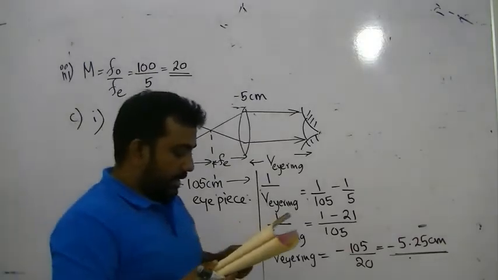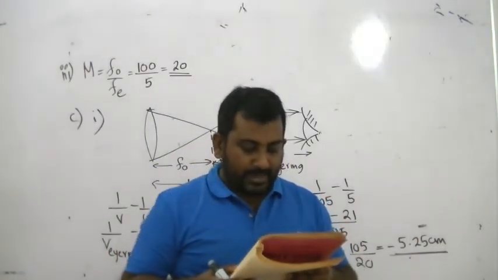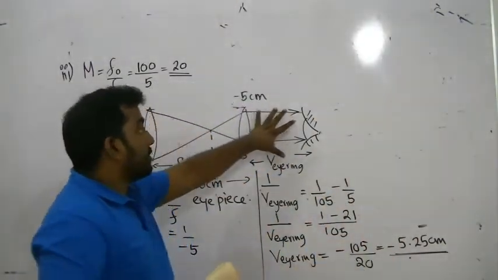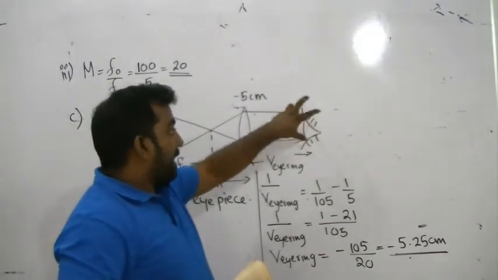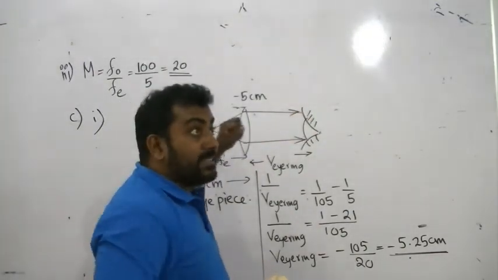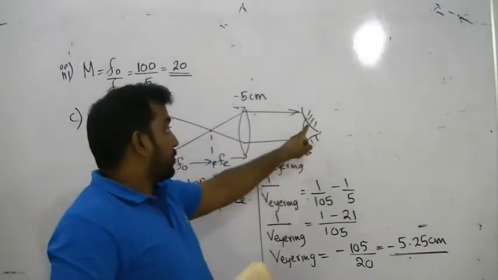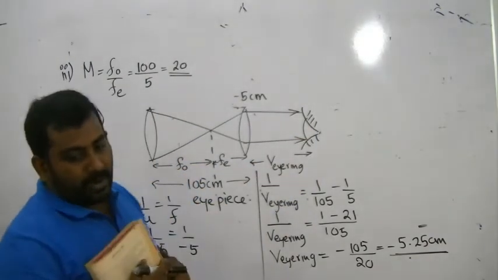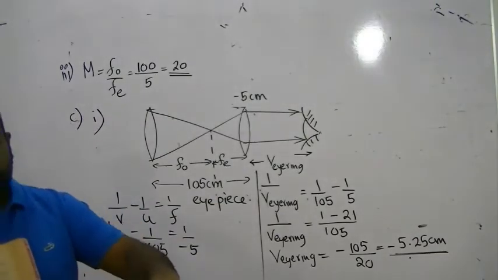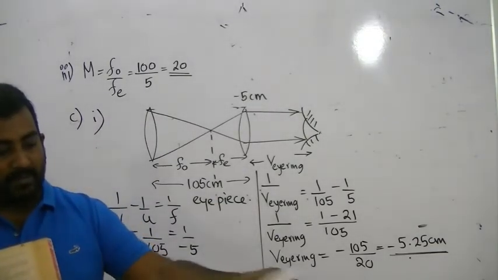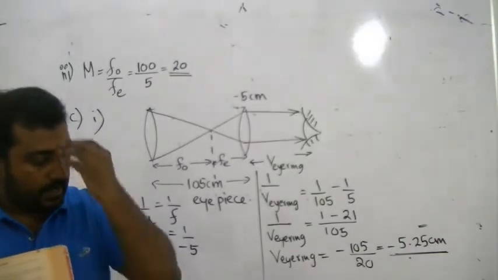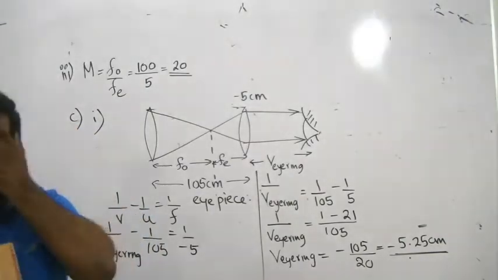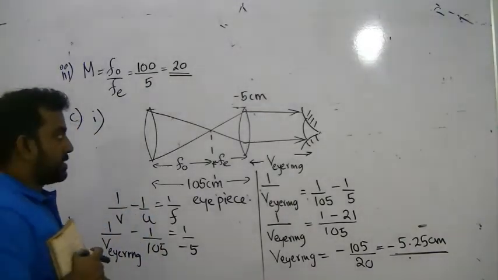Okay, no? What's the advantage of placing the eye at the above mentioned location? If you place the eye at this location, maximum number of light rays will pass through the particular point, so you get a bright image. Right there. Maximum number of light rays will pass through the eye ring.